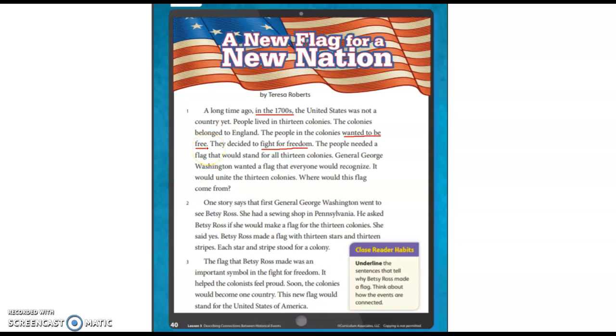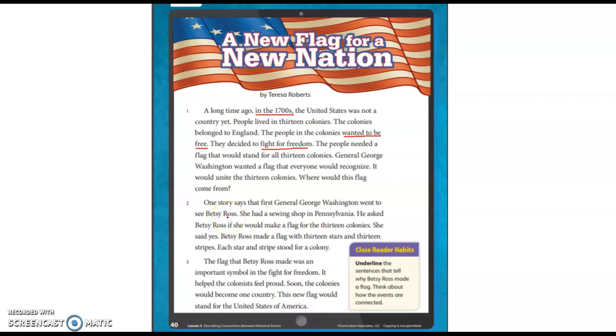The people needed a flag that would stand for all 13 colonies. General George Washington wanted a flag that everyone would recognize. It would unite the 13 colonies. Where would this flag come from? One story says that first General George Washington went to see Betsy Ross.